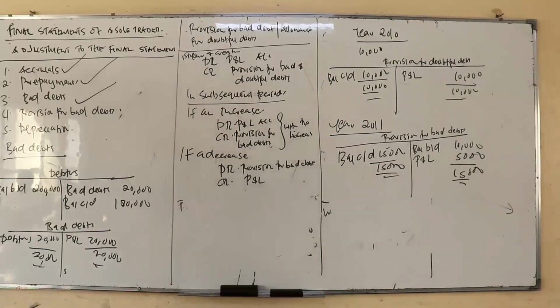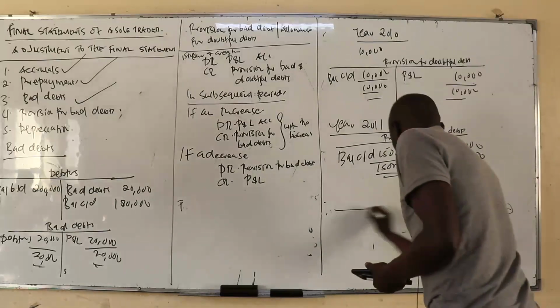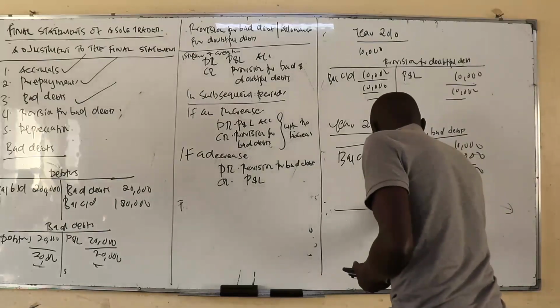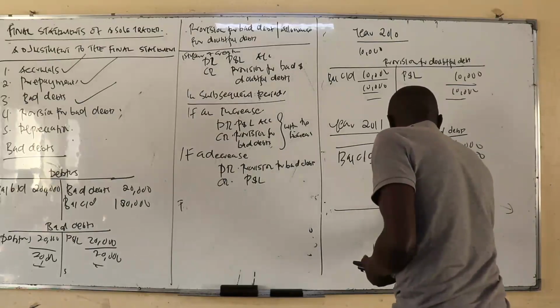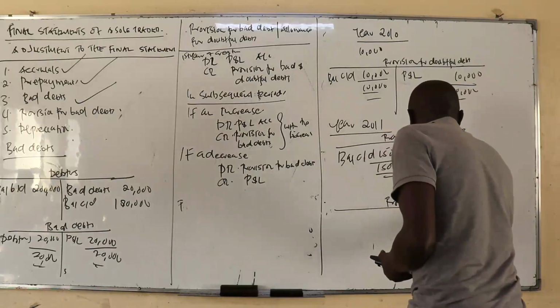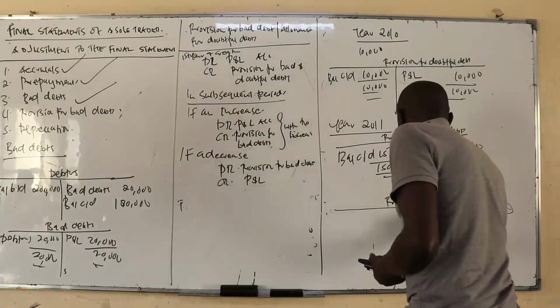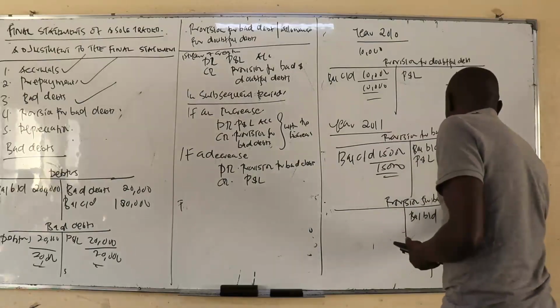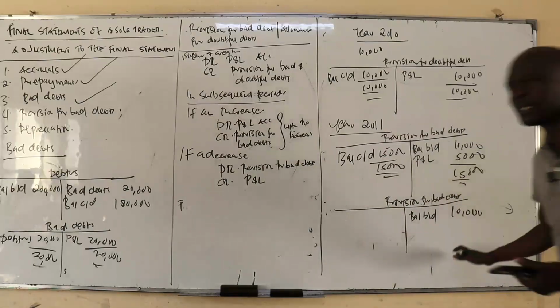But supposing you realize that more debtors, most of them complied, there's no need to have this money. At least you need to reduce by 5,000 and bring it back to business to circulate so that it can create more money for you. What you do is this, you open provision for bad debts here. So balance brought down, it was 10,000, but there's no need to hold 10,000 in this account.